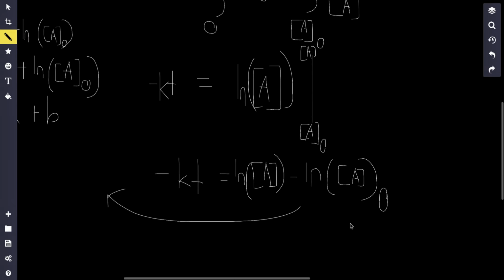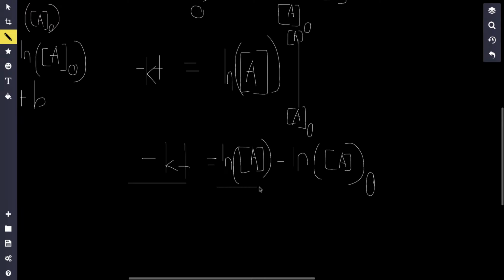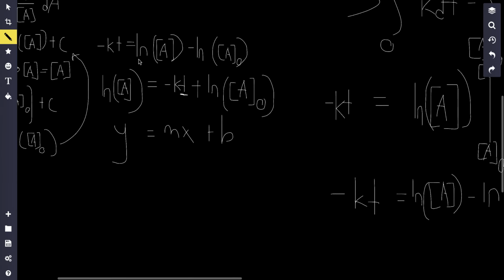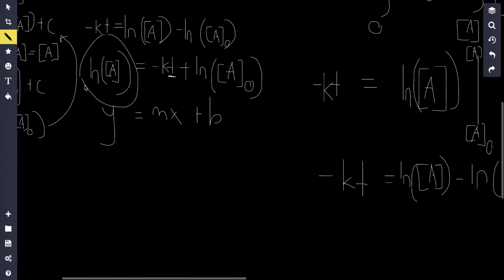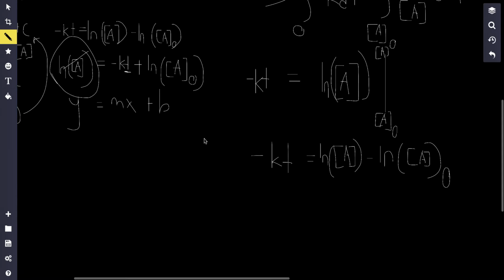So let me go back here. Recall that negative kt is equal to ln of A minus ln of the concentration of A at time 0, right? All I have done is I subtracted ln of A from both sides.